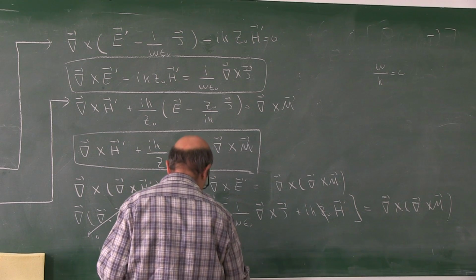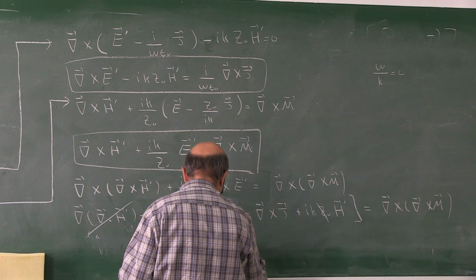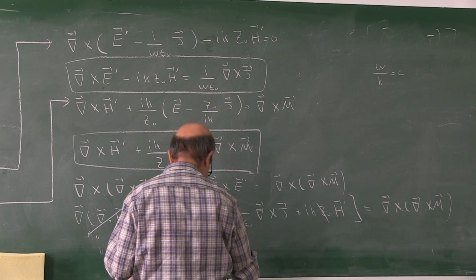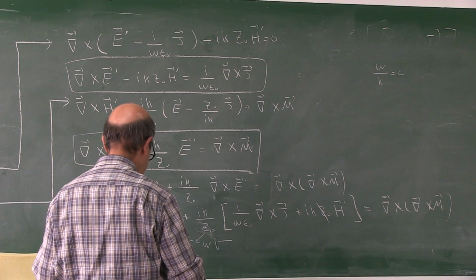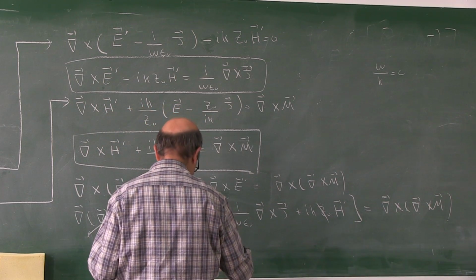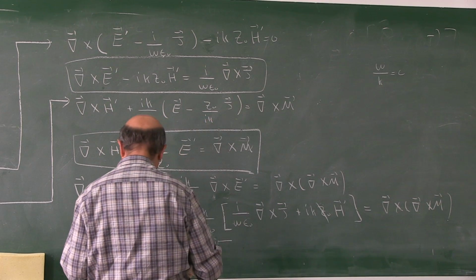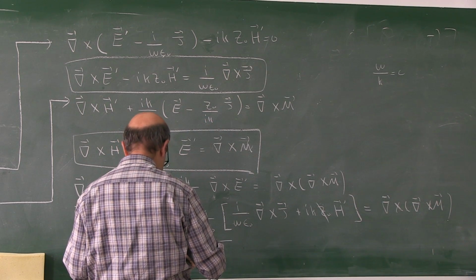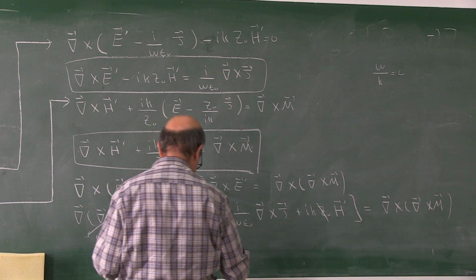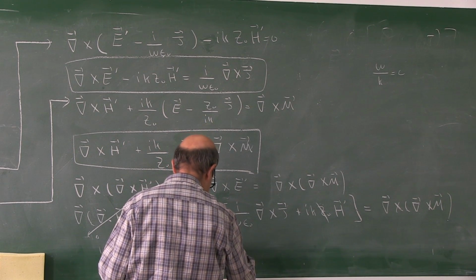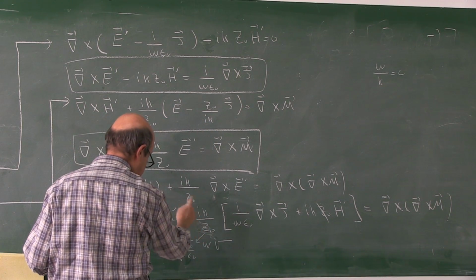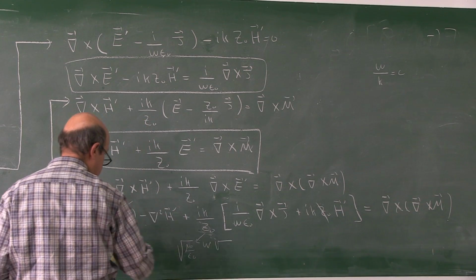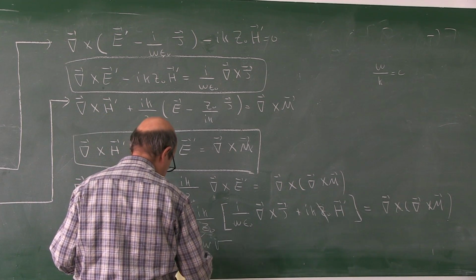Omega over c means that it should be upside down. So if it goes up, that is nothing but epsilon 0 mu 0.